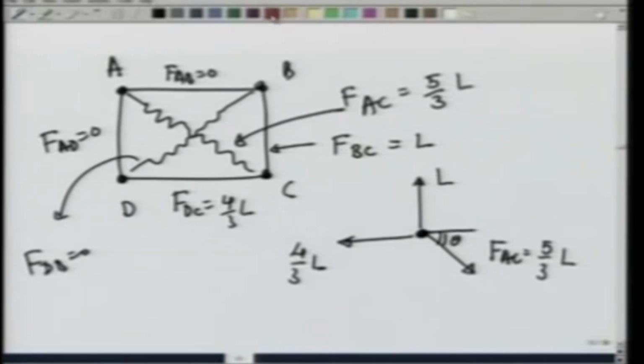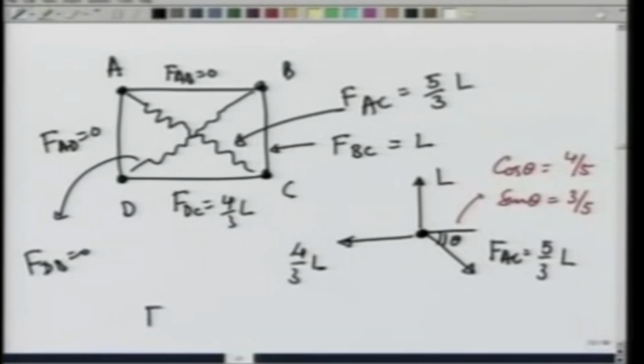Recall again that cosine of theta is 4/5 and sine of theta is 3/5. If everything has been solved correctly, point A again should be in equilibrium.